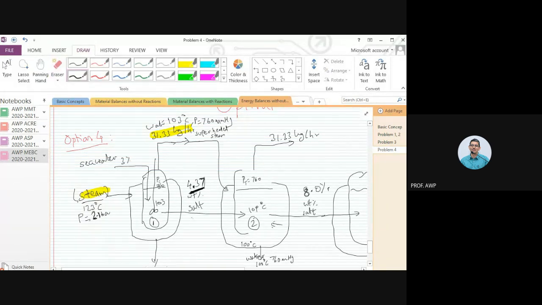There is no way that I could have used this water vapor, which is at 103 degrees centigrade, to give heat to something that is at 109 degrees centigrade.